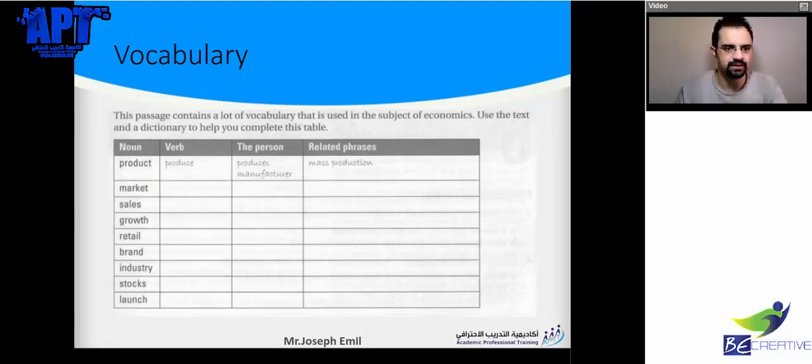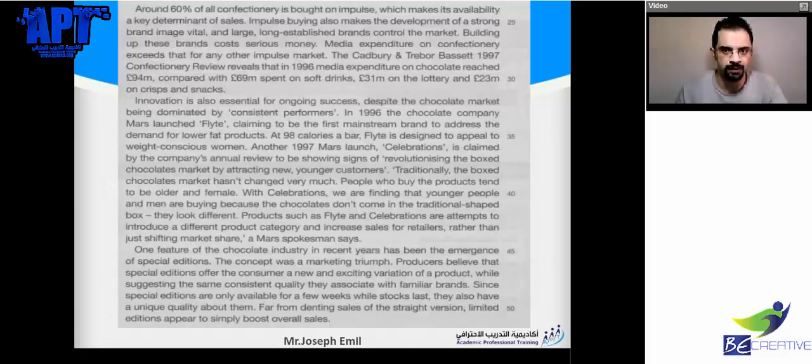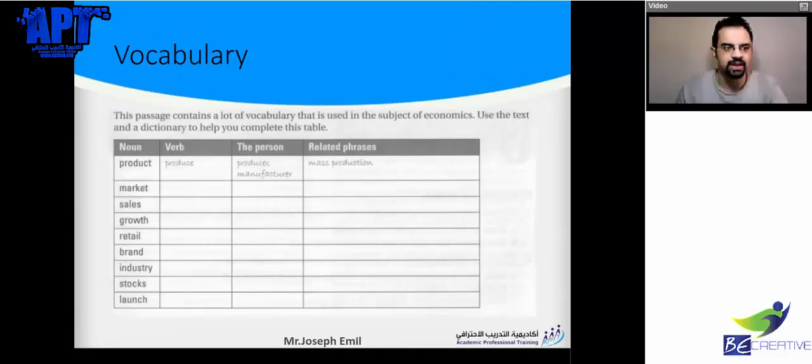Market is, of course, the market here. And if you want to have a verb with market, it's the same thing, market. All right? That's the verb. So if you market a product to someone, you are, shall we say, convincing him to buy it.